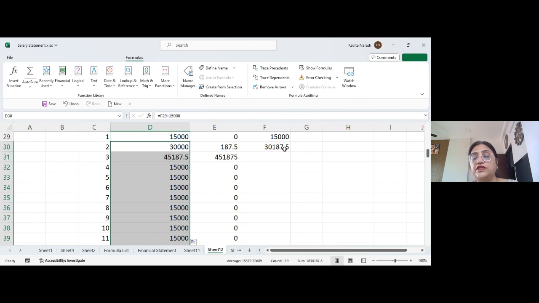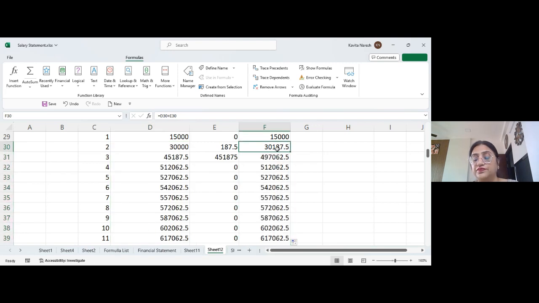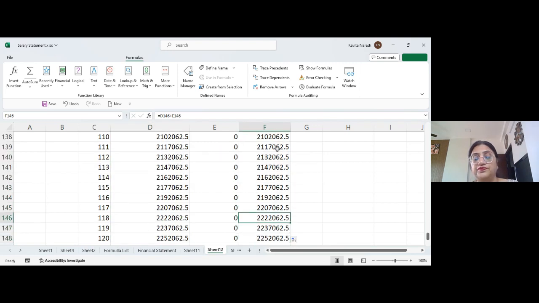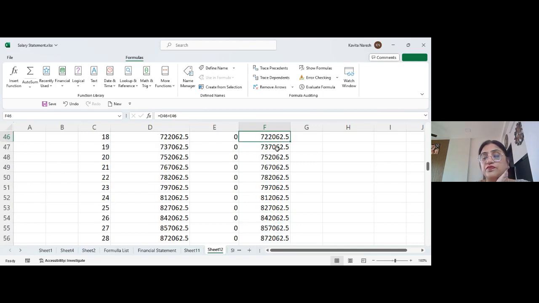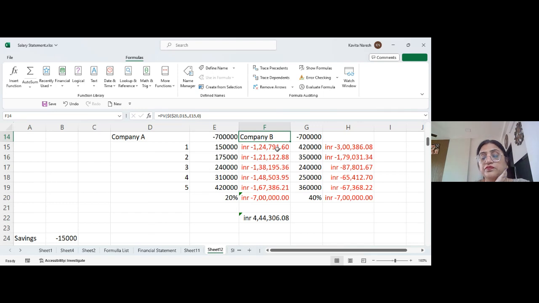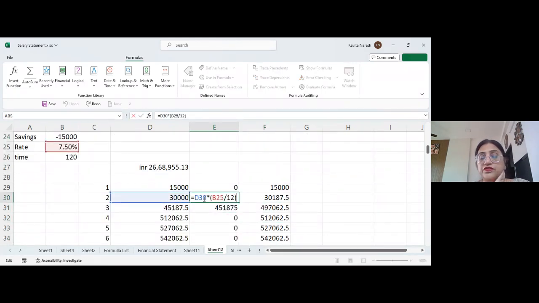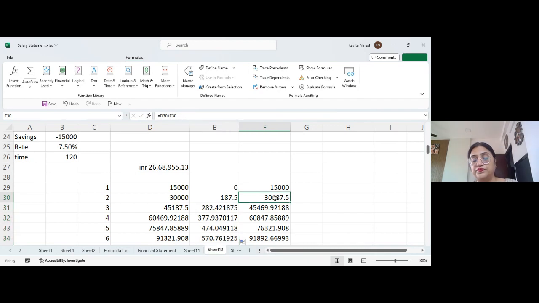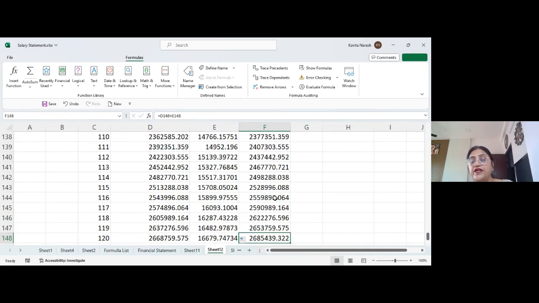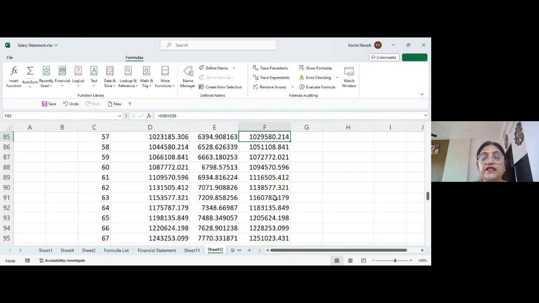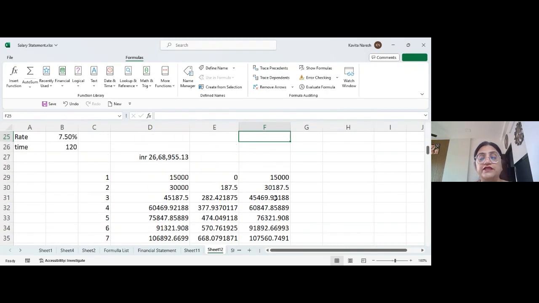See, I can calculate like this, na? This should be fixed. See, 26,85,439. And in a single formula, I calculated it.